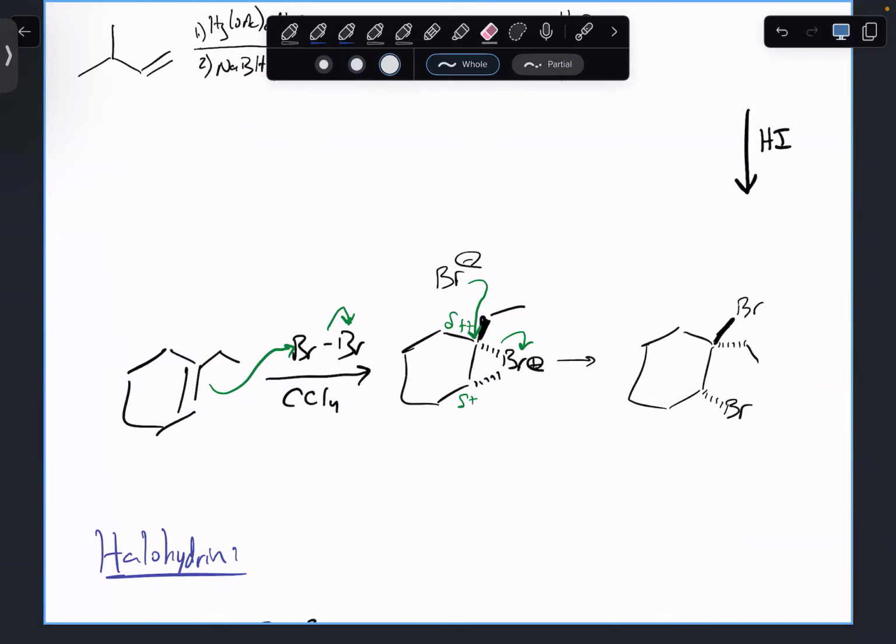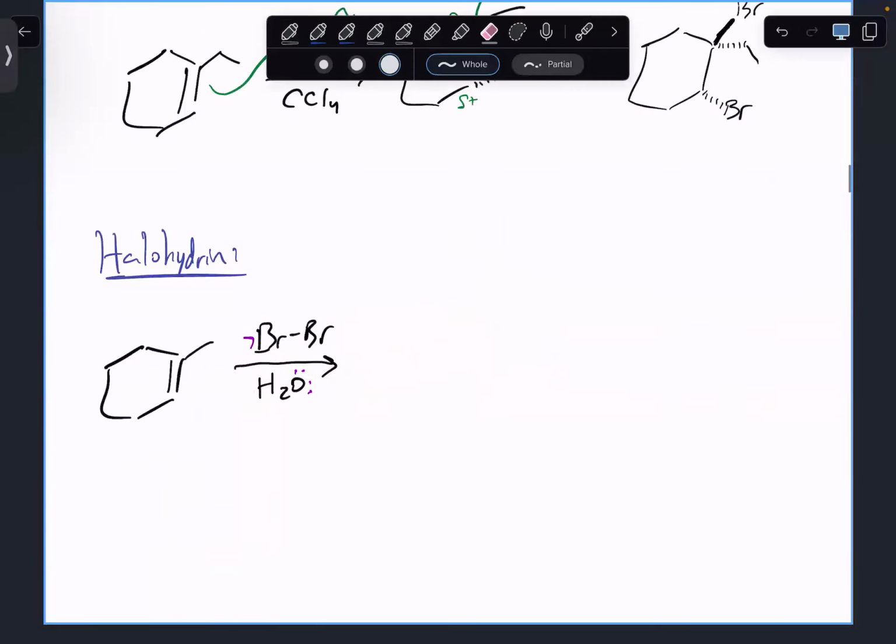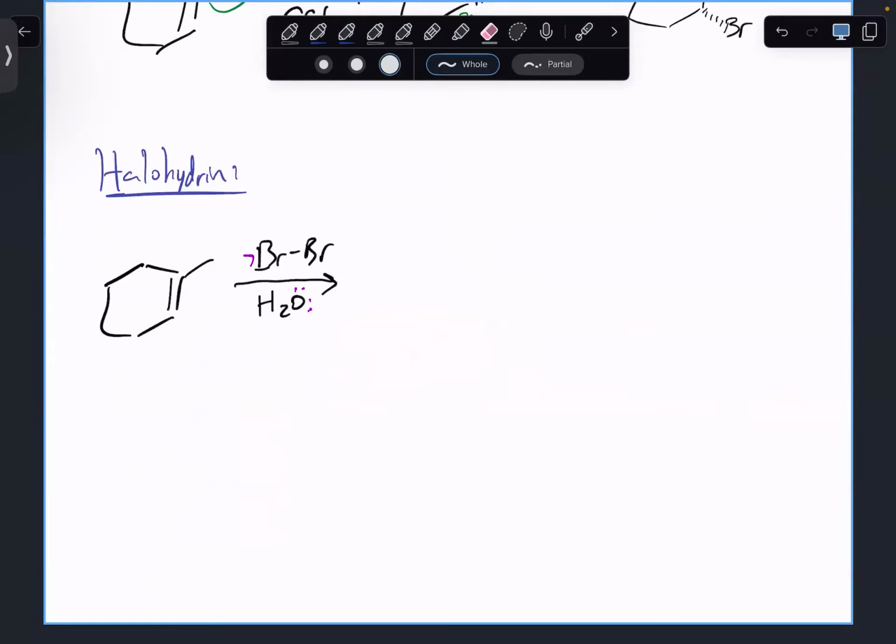You can run this in water if you want. Notice it just redrew everything exactly as it was, looking at the same substrate, adding Br2 to it. The only difference is I'm switching out the carbon tetrachloride for water. So let's see what difference that makes.